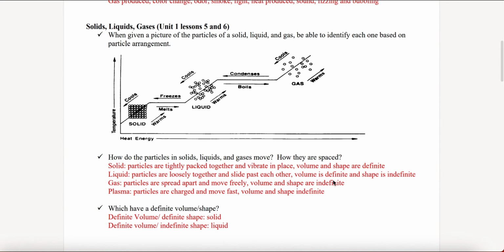Okay, so here's a little bit of an explanation kind of question. When given a picture of the particles of a solid, liquid, and gas, you gotta identify each one based on particle arrangement. So here, let's look at the graph. A solid starts to warm, but when you decrease it, it cools.